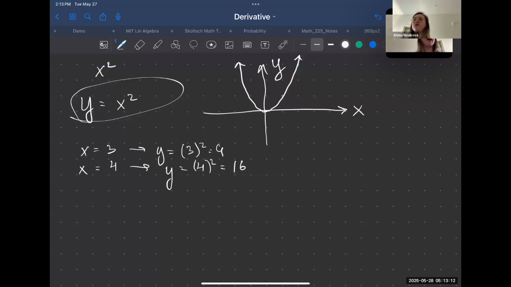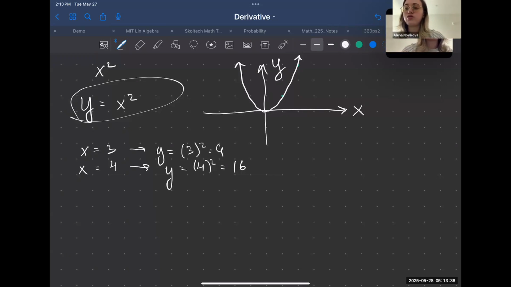Now, why would we even want to know this change? Well, it can be useful when you have a dependency between two variables. Let's say your x is time and your y is velocity or acceleration or something.